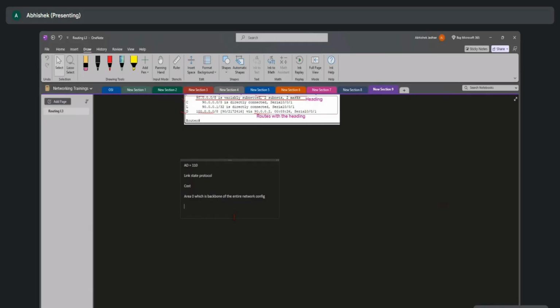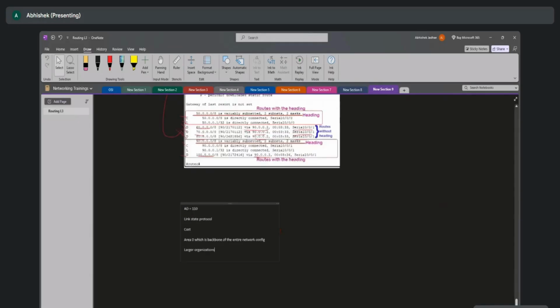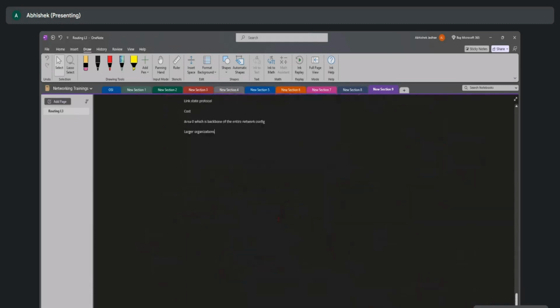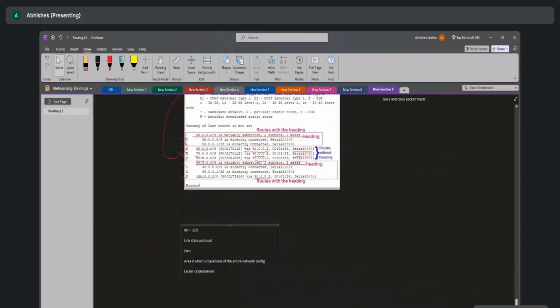The reason it is used is that it suits a larger organization. Admins don't want to keep themselves short-handed with RIP, because RIP only supports 15 hops. But what if your organization is very large? They can configure OSPF.